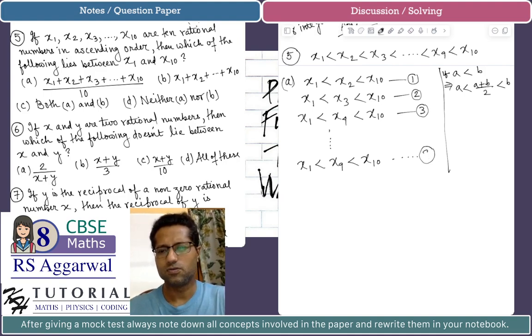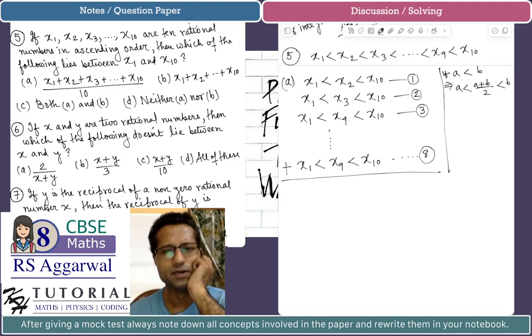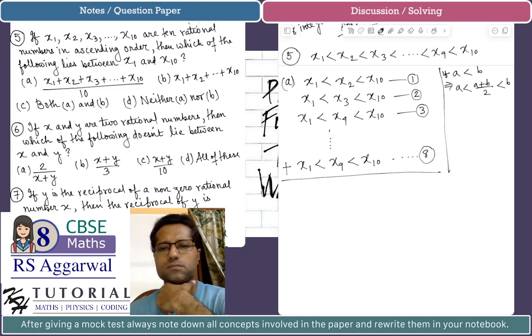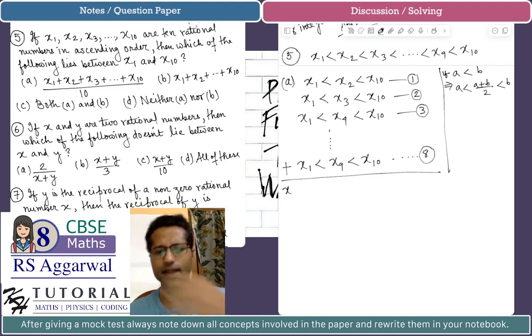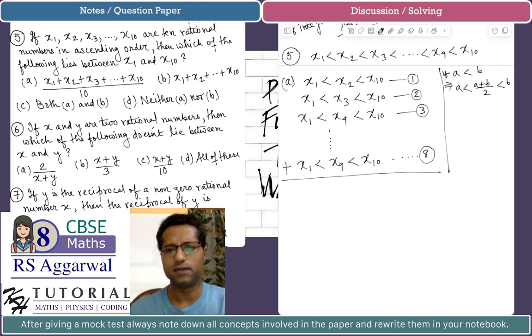Anyway, if I now add all these 8 inequalities, what do I get? Since there are 8 inequalities, if I add them all, I will get 8 times x1 on the left side.